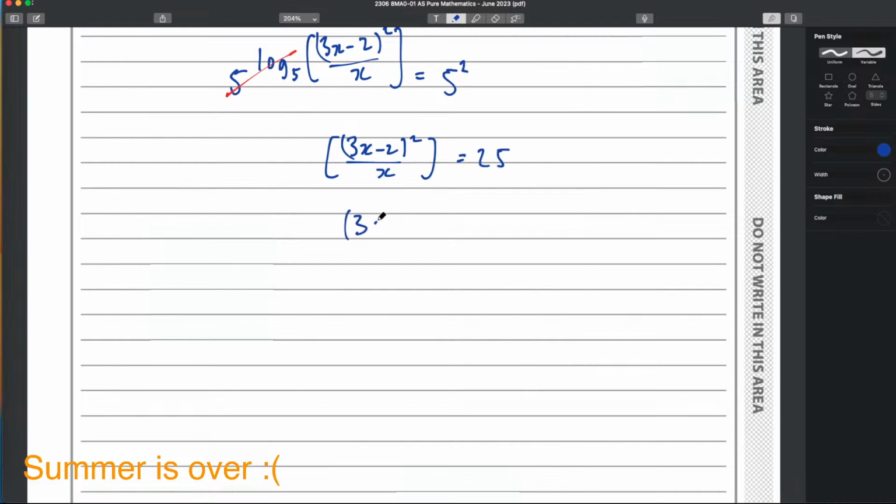So let's write it like so, and expand out the brackets and see what we get.